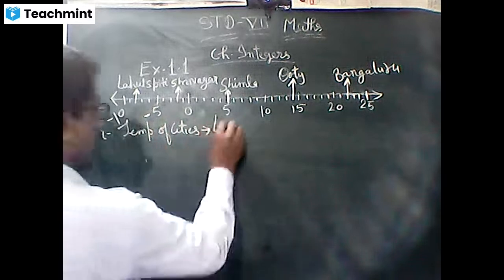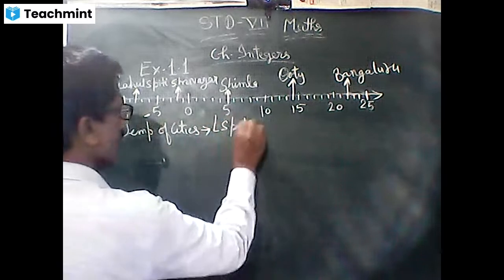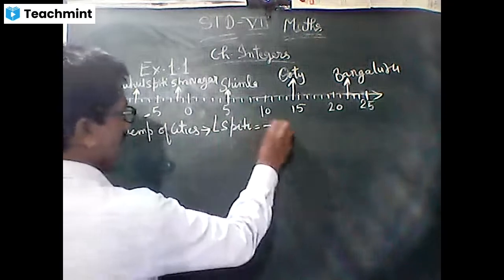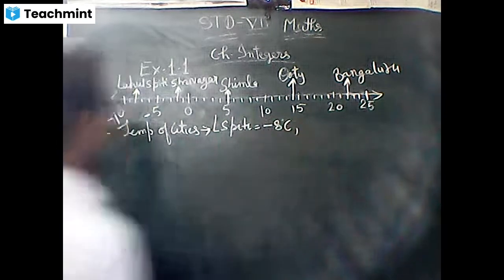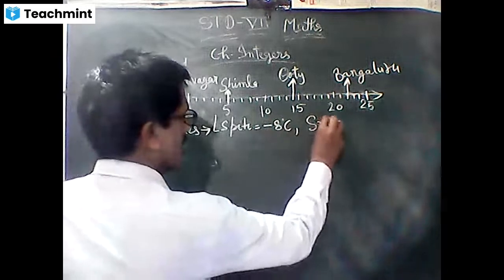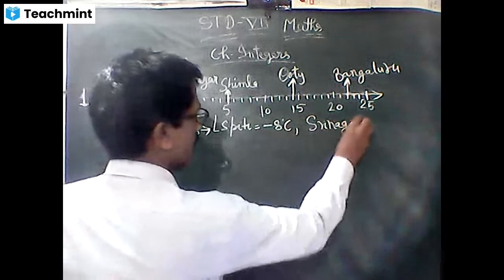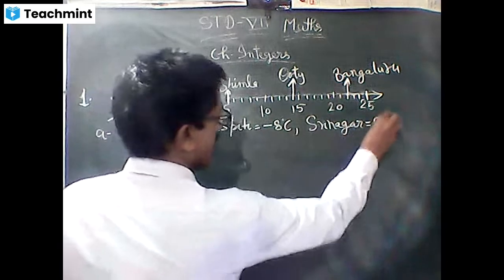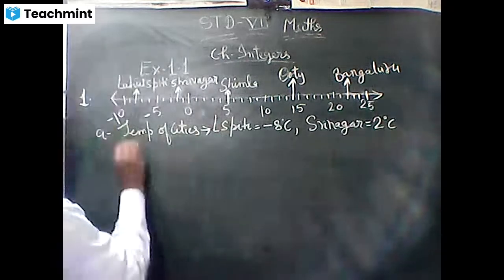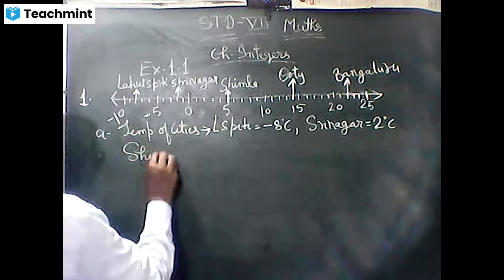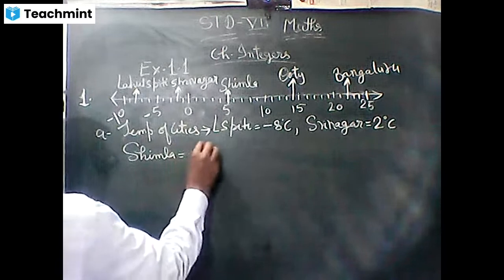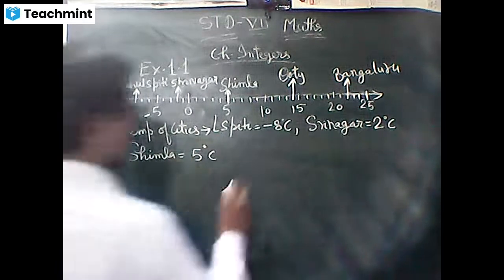Lahul Spiti: we have to read the temperature, that is -8 degrees Celsius. Second is Srinagar. Use a comma and write Srinagar, that is equal to 2 degrees Celsius. Third is Shimla, that is 5 degrees Celsius, positive.